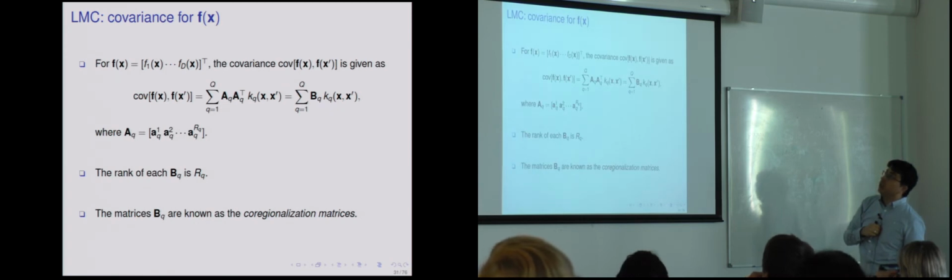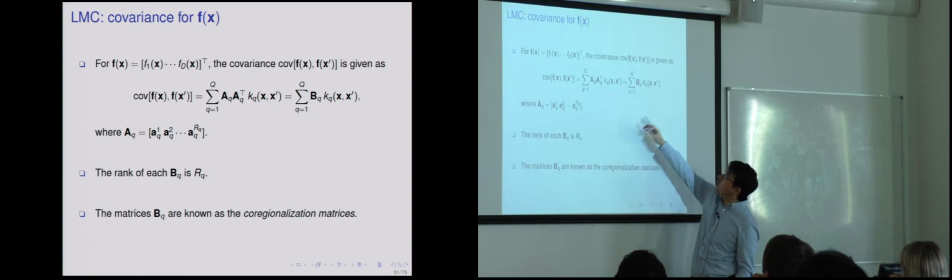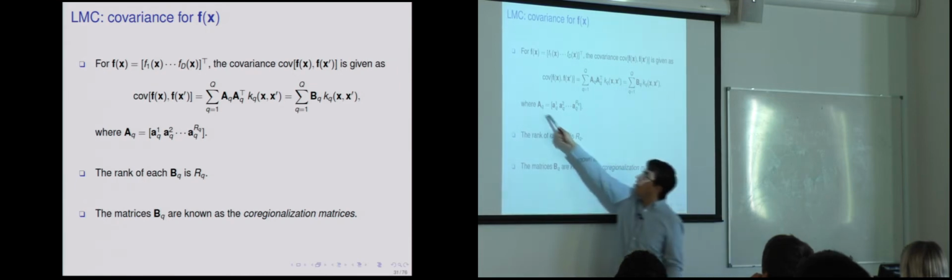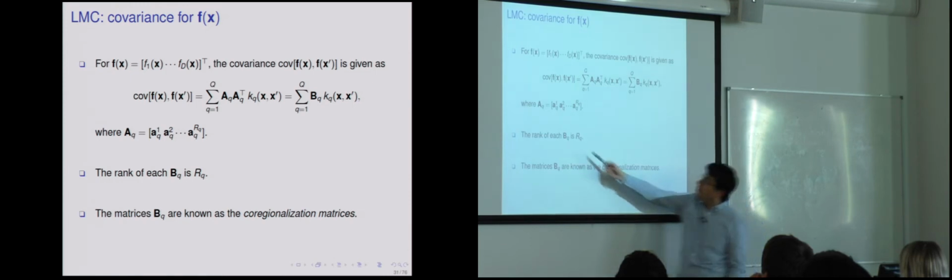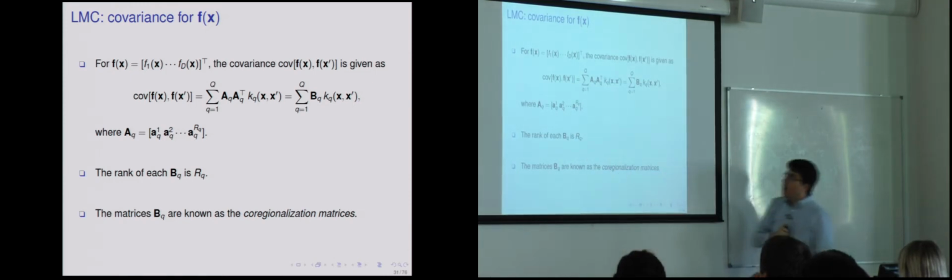And then we can compute the covariance for this model, and it is going to have this expression again, very similar to the one that we had before. But in the semi-parametric latent factor model, this matrix A_q was only a column vector, and now these are matrices with R sub q columns.